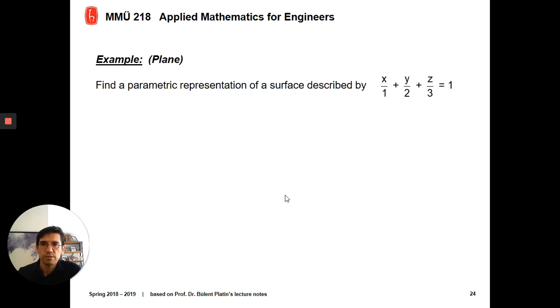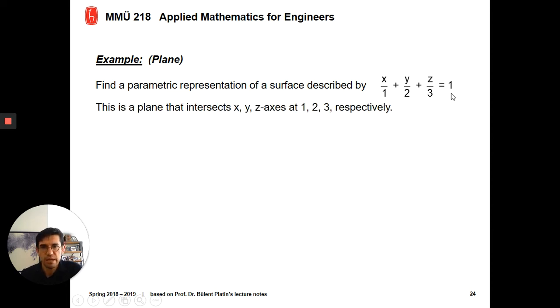For planes, we could use similar closed forms. This is just an example here. In this case, I have a constant on the right-hand side, which is not a parameter like t. That's the basic difference you might notice. And how do I sort it out?